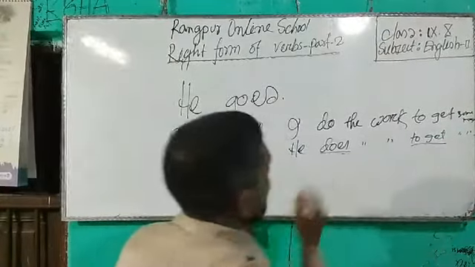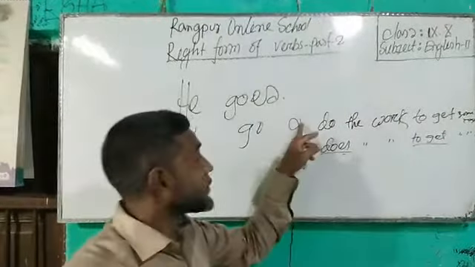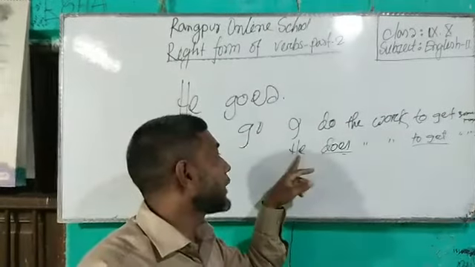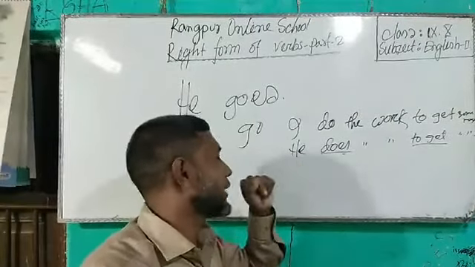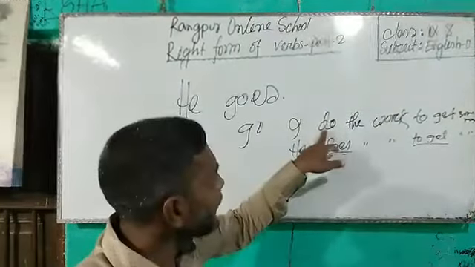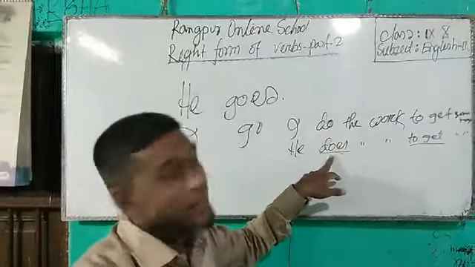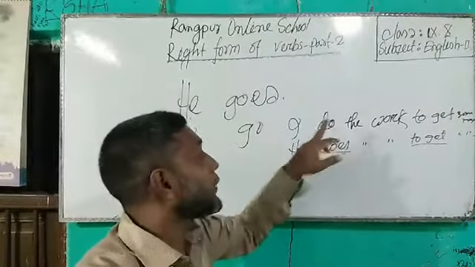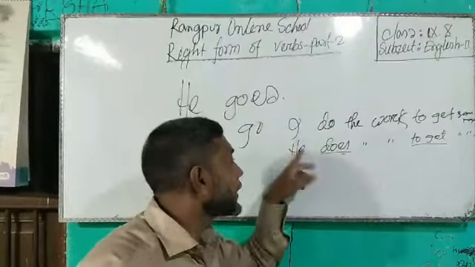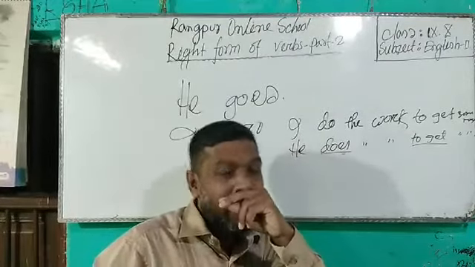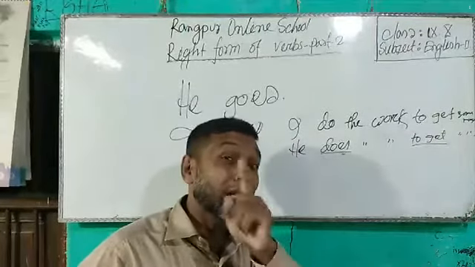Now just look, I have changed the number or person of the subject. Then it was "do," here it is "does." Meaning this verb is fully dependent on the subject's number, tense and voice. That is the main clue.